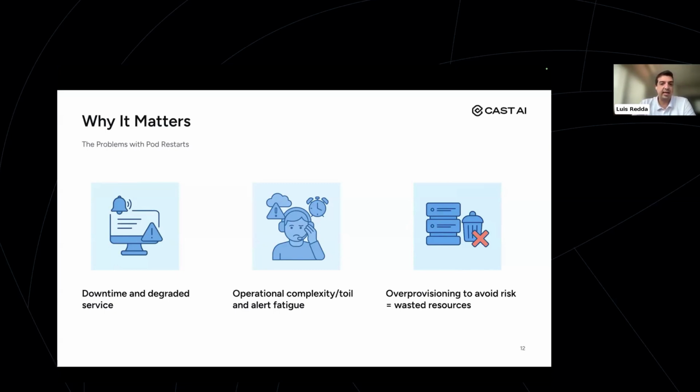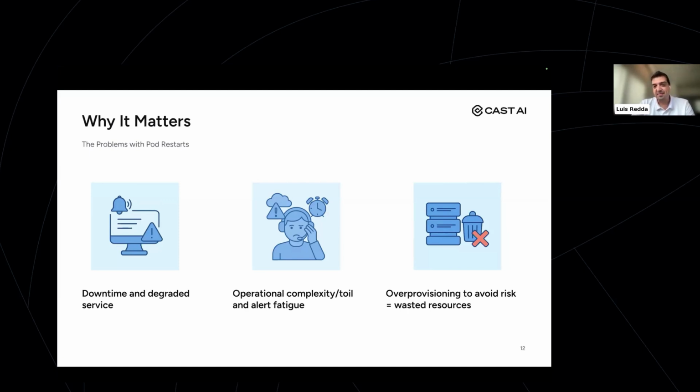But I can also talk about operational complexity. When you talk about optimization, in our real world experience with customers, the operations teams get a little bit crazy because this can lead to manual work or even a lot of alerts in their systems when it leads to restarts.